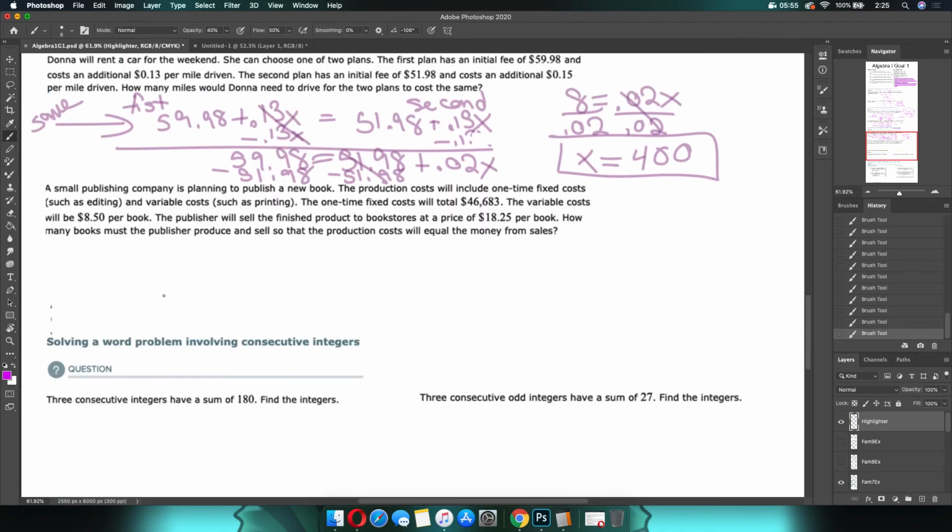So let's see here. Let's look up at our next one. Production costs, one-time fixed costs, and variable costs. Variable is a not at all subtle hint. So we have fixed cost of $46,683. The variable cost is $8.50 per book. Again, my keyword right there. They said variable costs, and it was variable because you had the per in there.